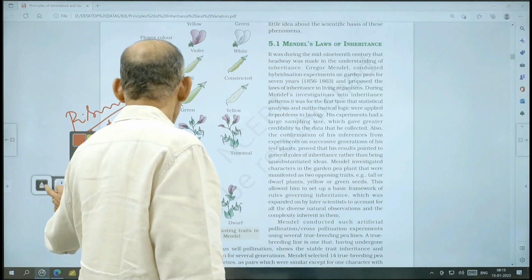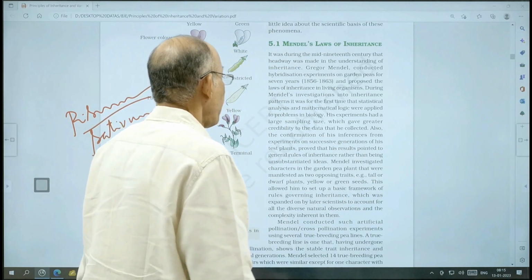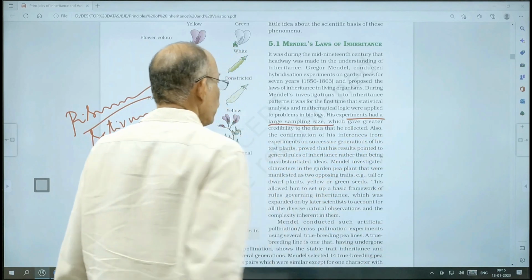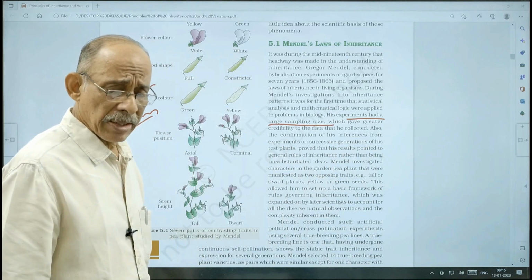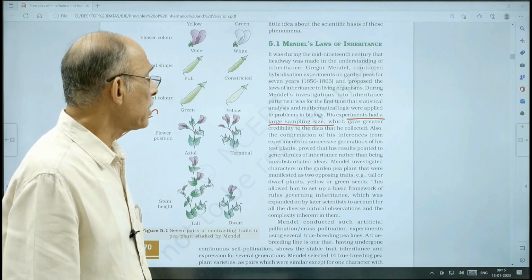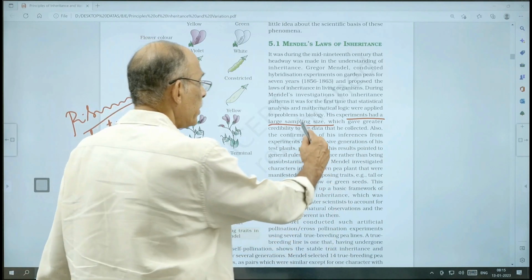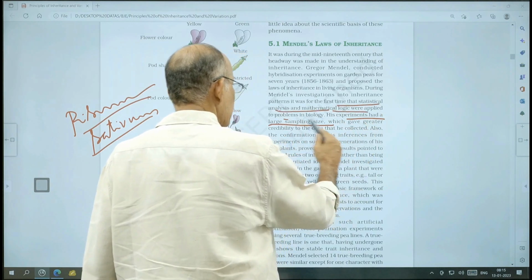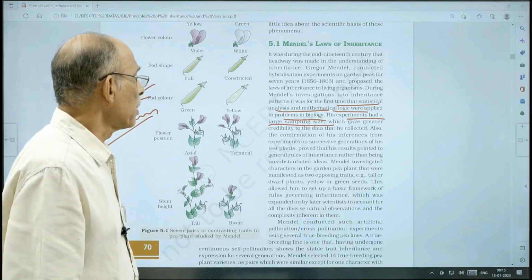And Mendel was successful because of 3 reasons. Number 1, statistical and mathematical logic were applied to biological problems.